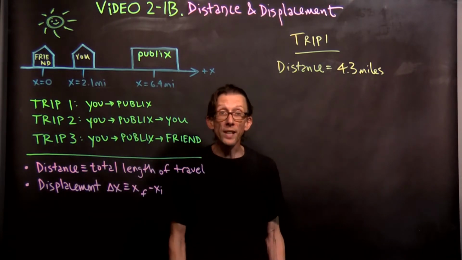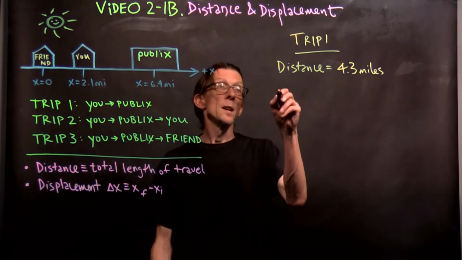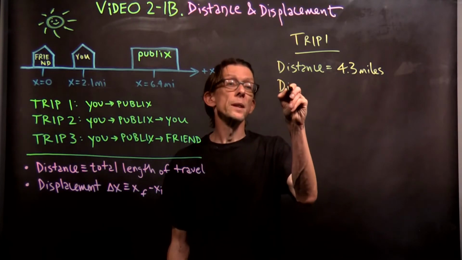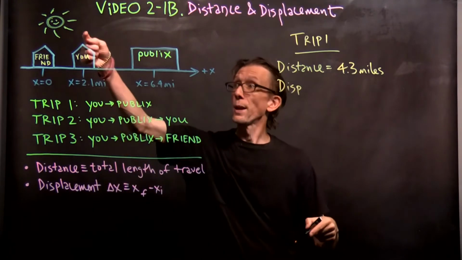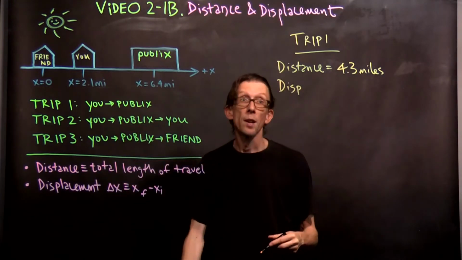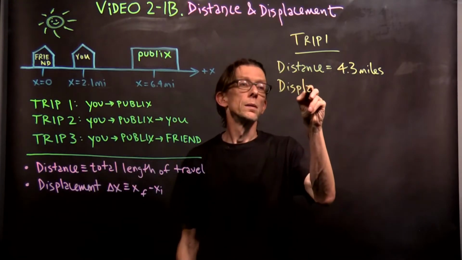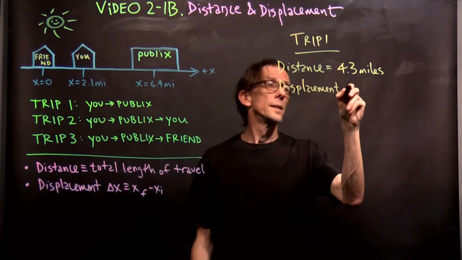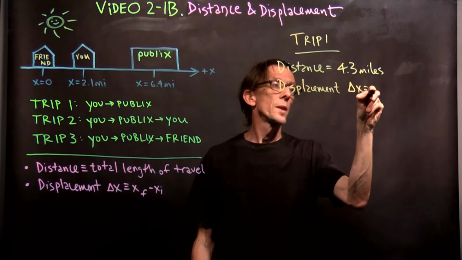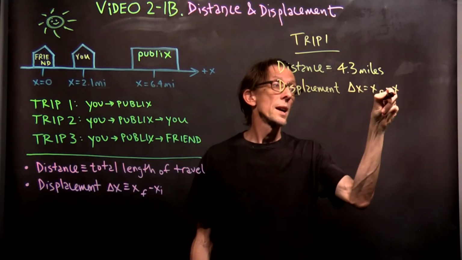Now, in this case, displacement is the same. For trip 1, the distance that we just did was the total length of travel from here to there. Displacement is really the same thing in this case. Delta x is x sub f minus x sub i.